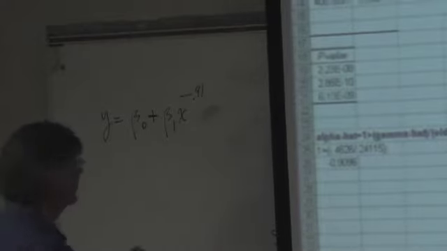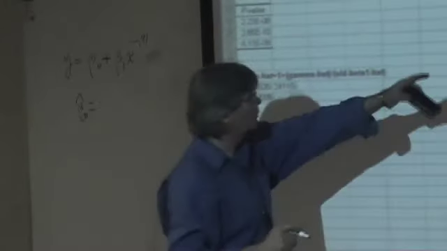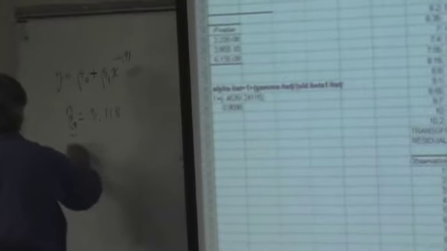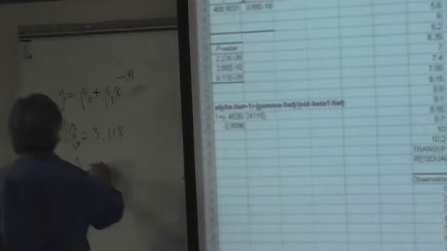Okay, so I'll get a beta 0 hat out of that. This gives beta 0 hat equal to 3.118, and it gives beta 1 hat equal to negative 6.66 in something else.